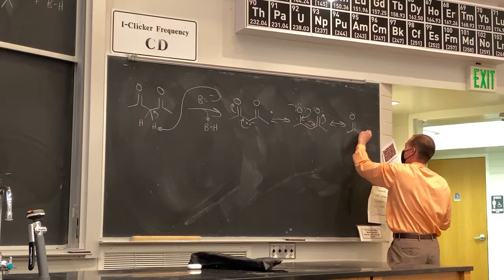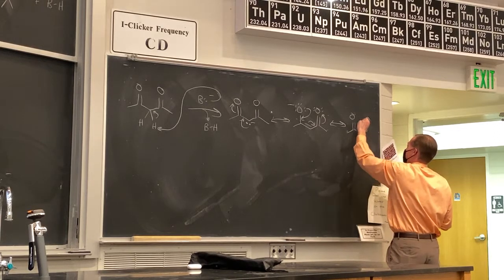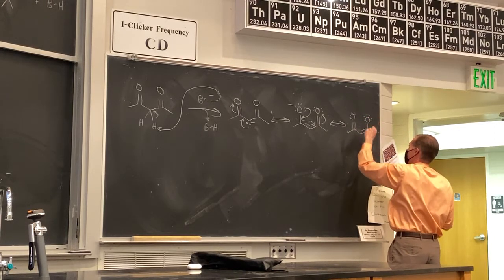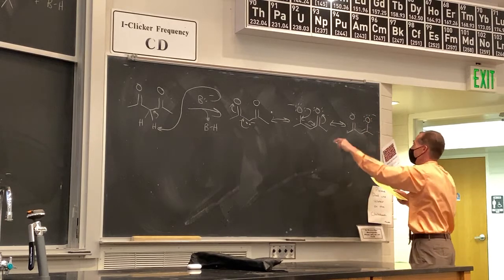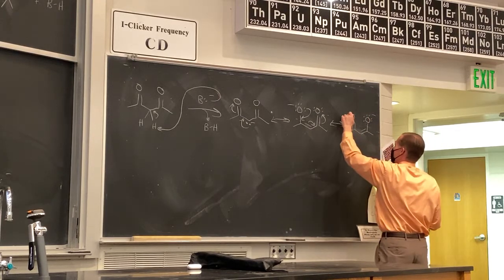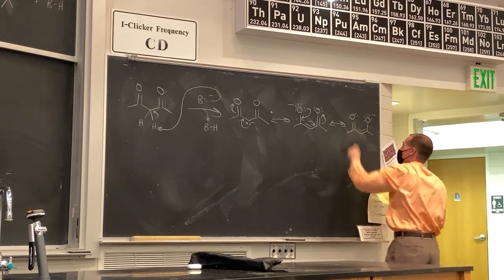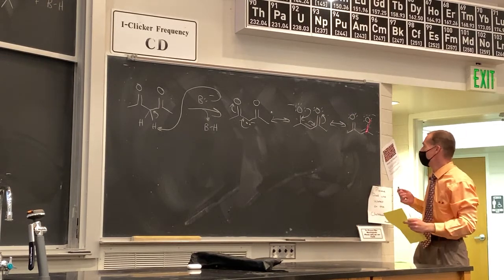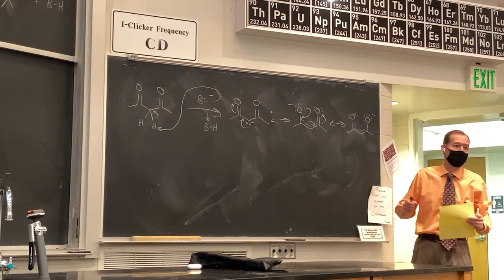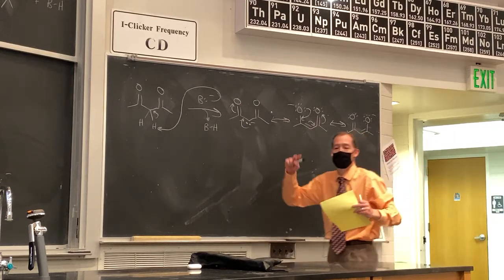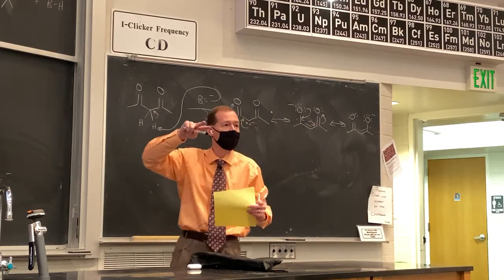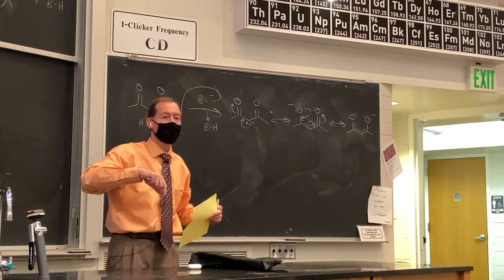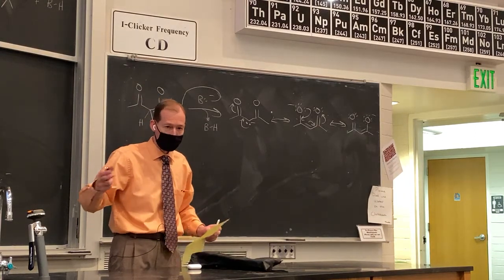So what we end up with is an enolate that has two major contributors and one minor contributor, as opposed to one major and one minor. So when you get two major contributors and one minor contributor, we've got the negative charge shared equally by two oxygens, and then we have a small amount of the negative charge on the carbon.